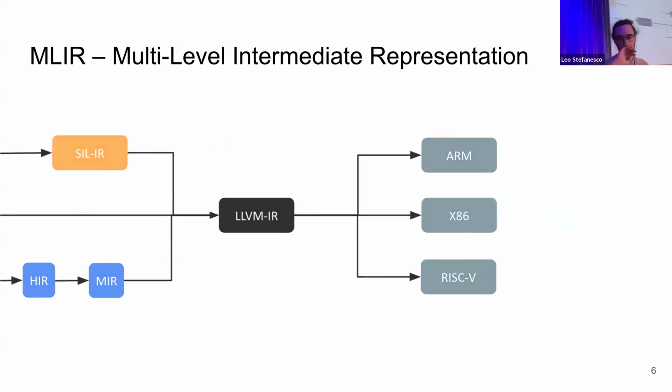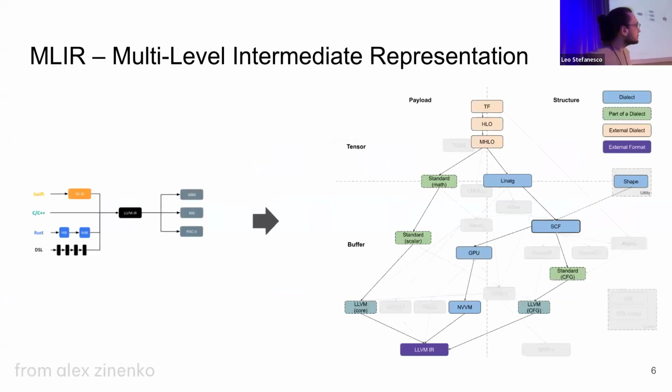In contrast, the idea of MLIR is that we don't use one IR at a time, but instead we use many smaller specialized IRs that are called dialects. A program is translated into a graph of many different dialects.